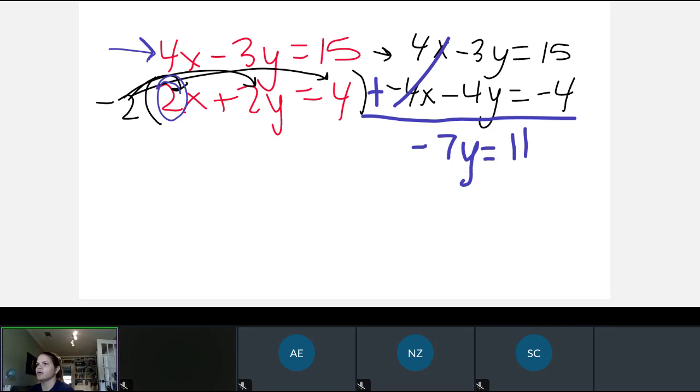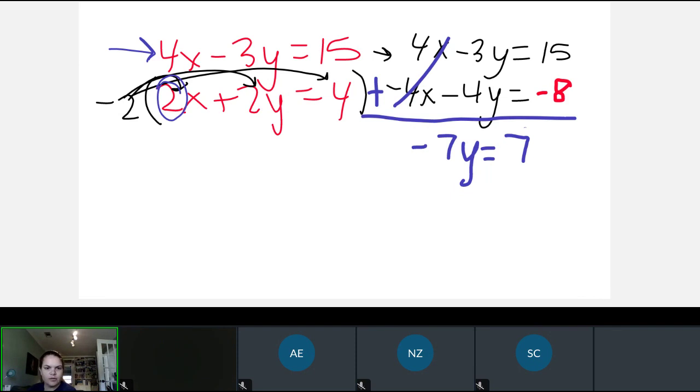Oh, I think I wrote the problem wrong. Oh, no, I know why. This is supposed to be an 8. Sorry, negative 2 times 4 is negative 8. So then this becomes 7. There we go. That's much nicer.